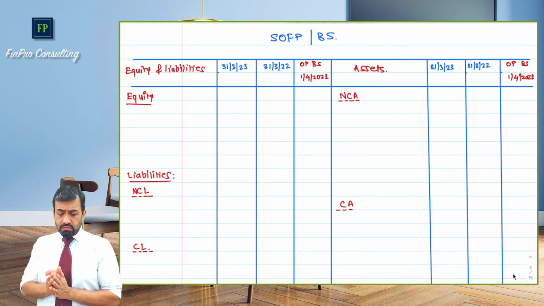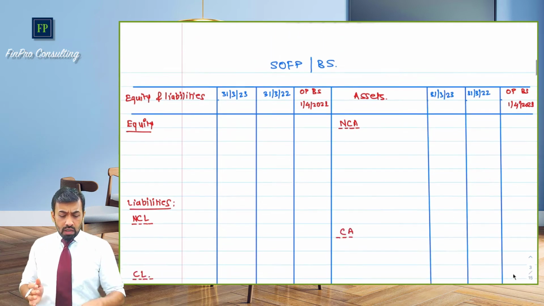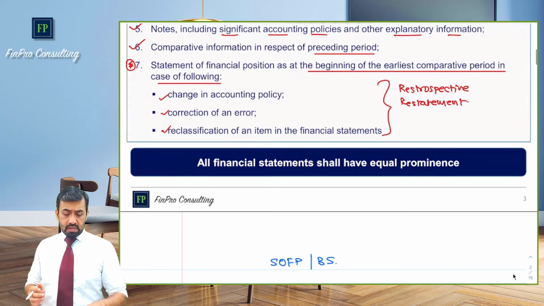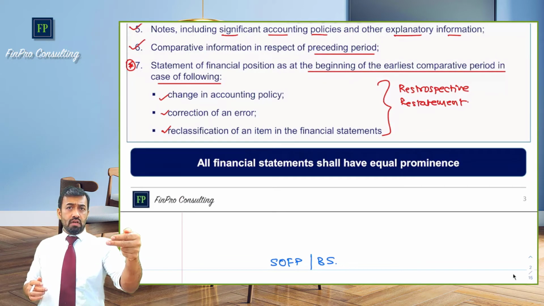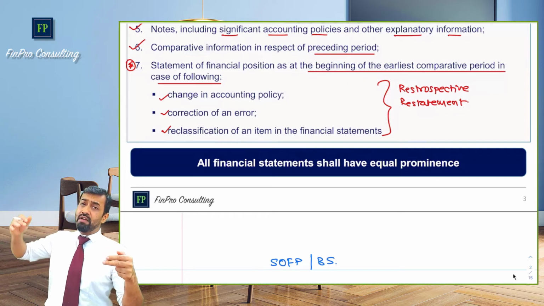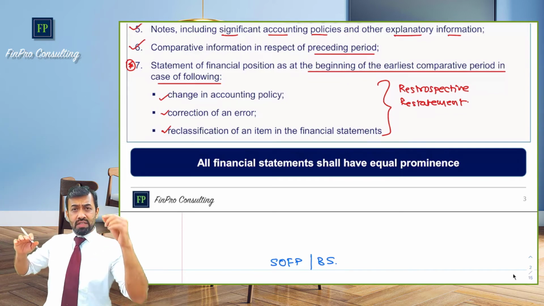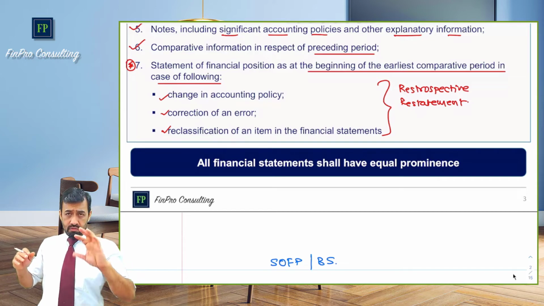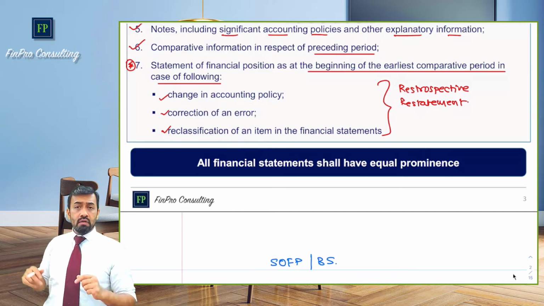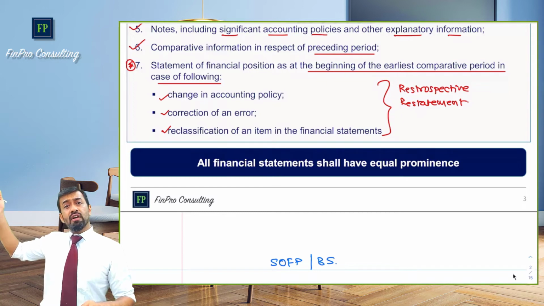Now, if you see what this last clause requires, if there is a change in accounting policy, how do we account for it? We account for it retrospectively. So accounting policies, let's say, change for a financial item in the balance sheet which was there for the last 4 to 5 years.